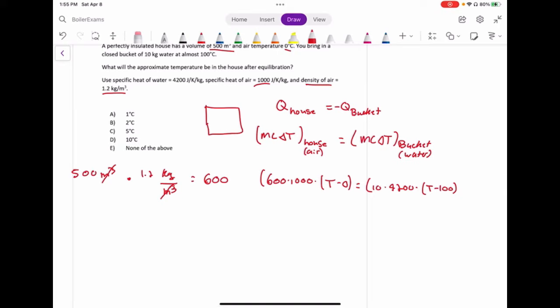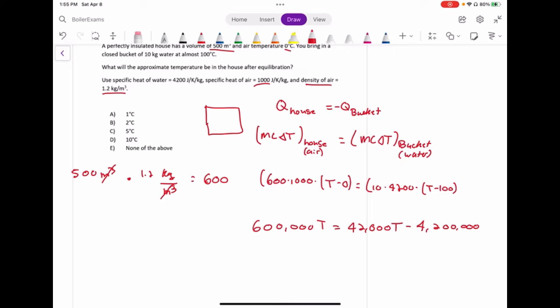So let's solve this. I'm going to start putting this into my calculator. This is just going to be 600,000 T, which equals 42,000 T minus 420,000. Wait, no, that'll be 4.2 million. Make sure I got my zeros right.